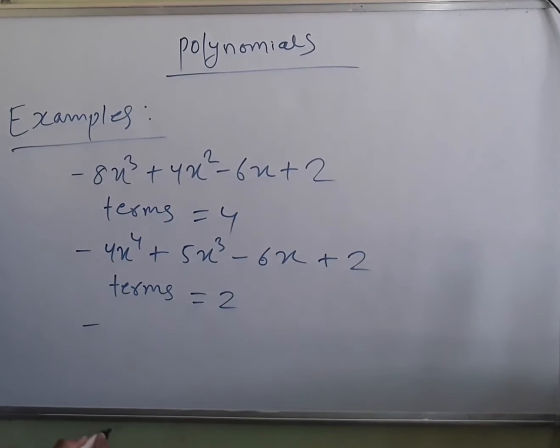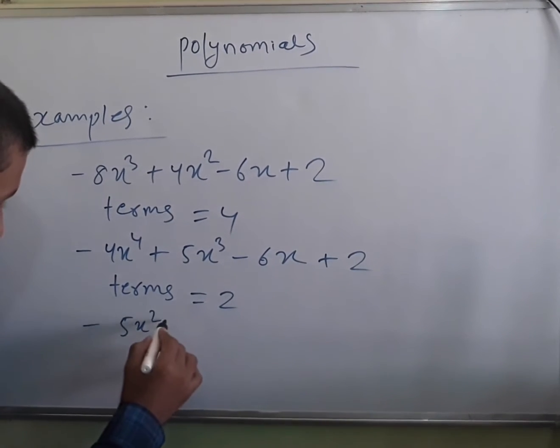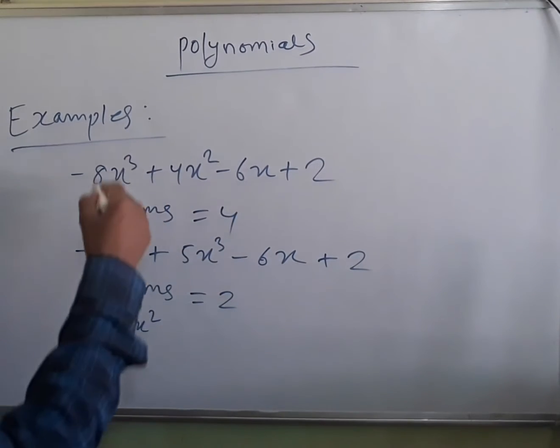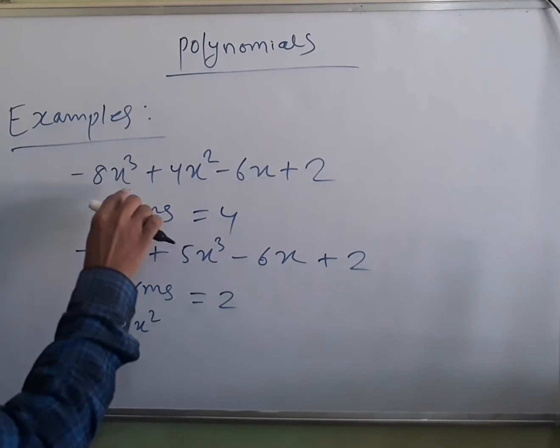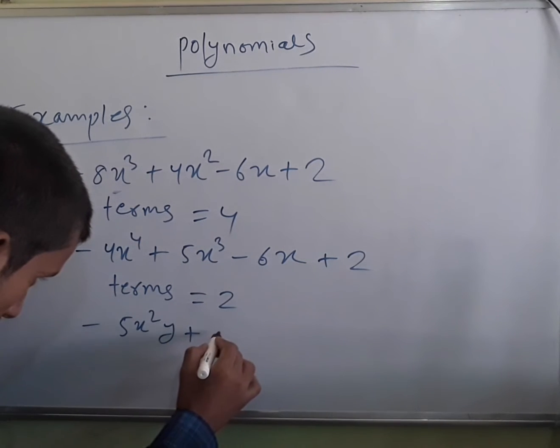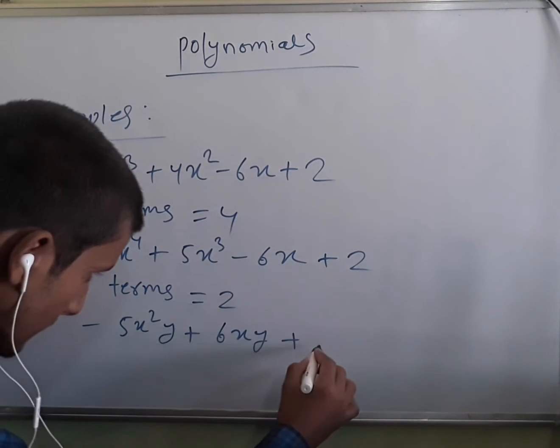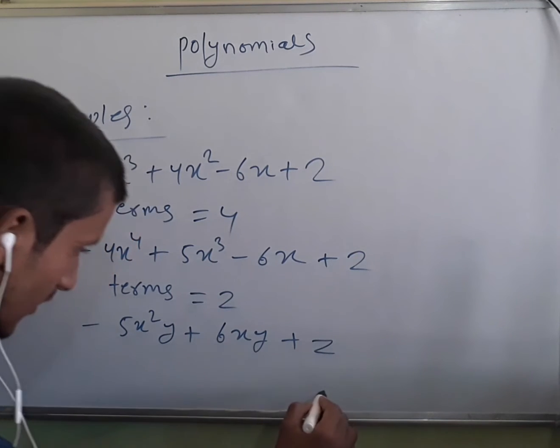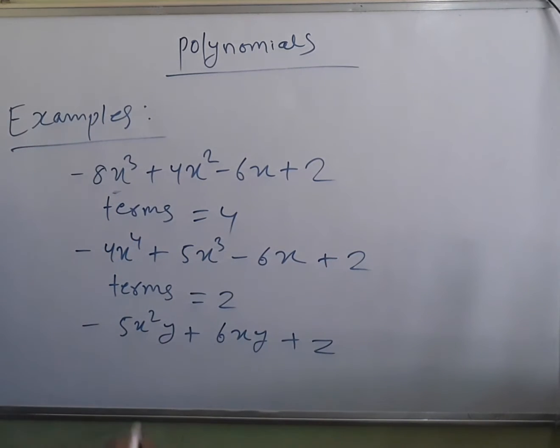Another example would be 5x squared y, written here with more than one variable. There can be multiple variables, for example z here. That is a polynomial. How many terms do you have? 3 terms.